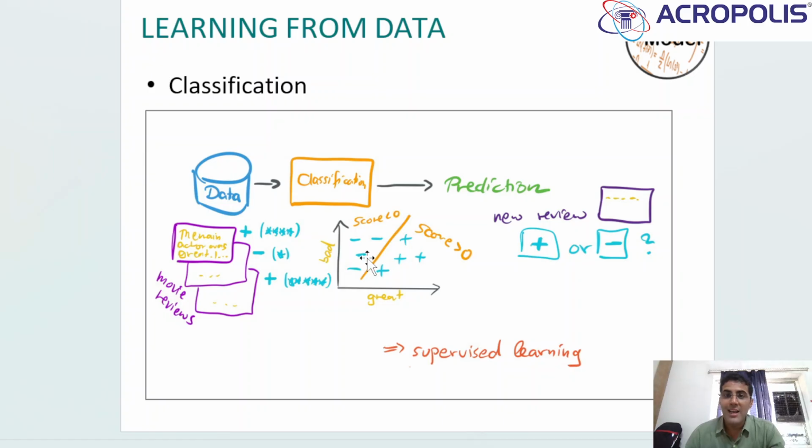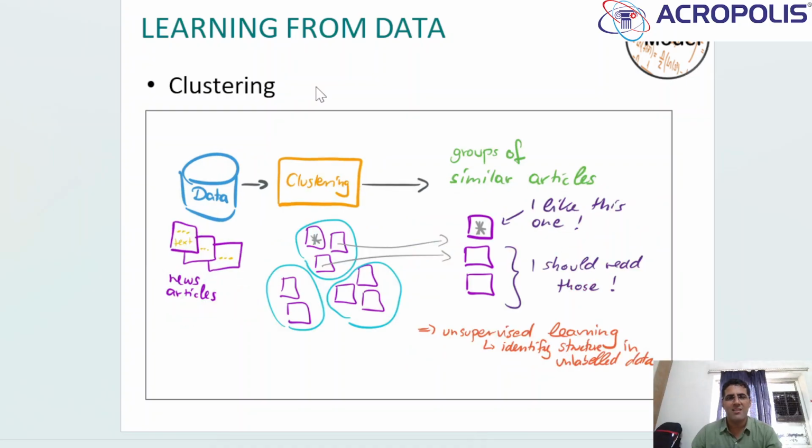So I'll make sure that if the score of that particular review is greater than 5, it may be considered a positive review, and if it is less than 5, then it is a bad review. So our algorithm is helping in the prediction of whether a review belongs to the positive class or the negative class, right? This is also using supervised learning algorithms.